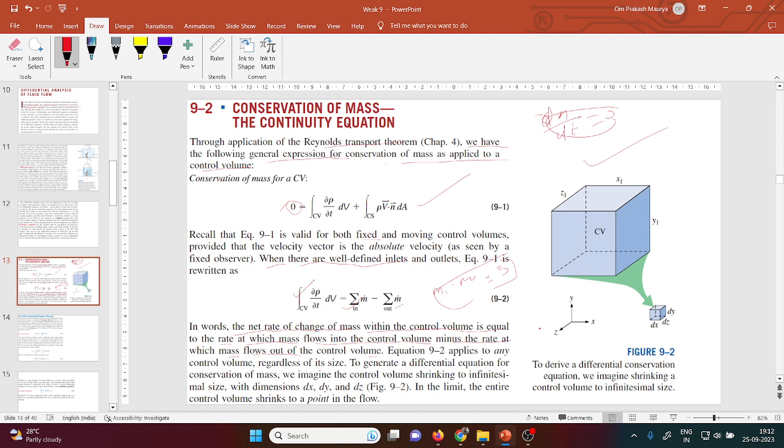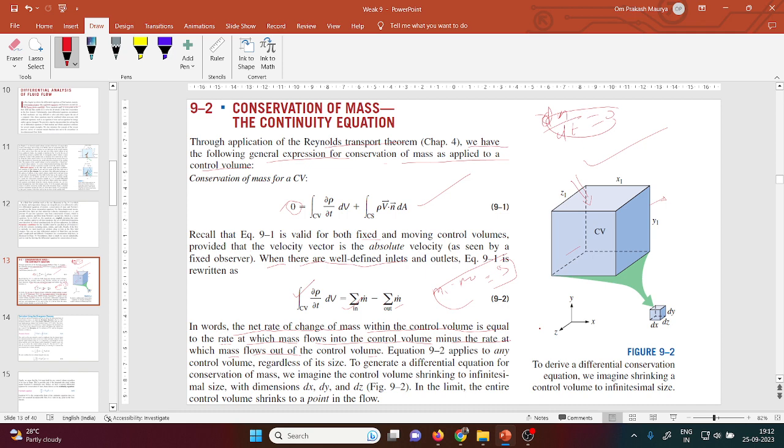The net rate of change of mass, actually how much, what is the rate of change of mass in this control volume? It depends on what is entering, at which rate, and at which rate it is going outside.